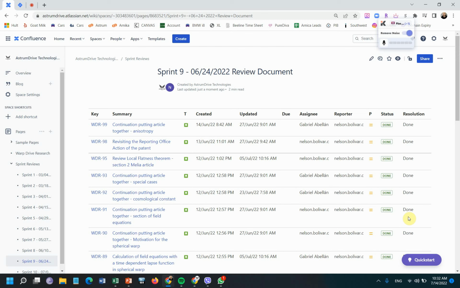But first, let me just summarize very quickly how the current article is going, because as we started writing and putting together the sections, we found out that we need to give more details about some things, like for instance how the Killing equations tell us about the symmetry we have, and we wanted to be sure that we were having the right symmetries, and we checked that.